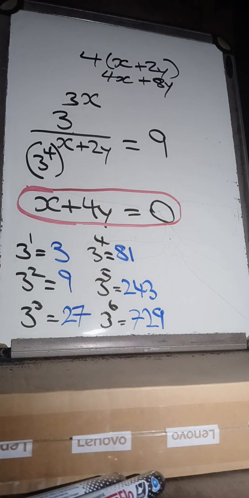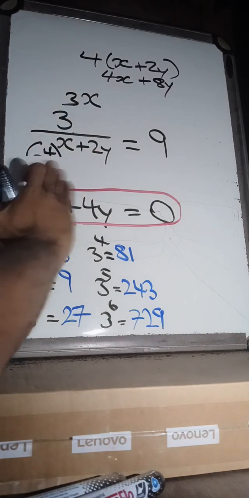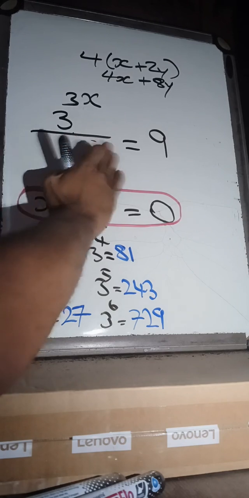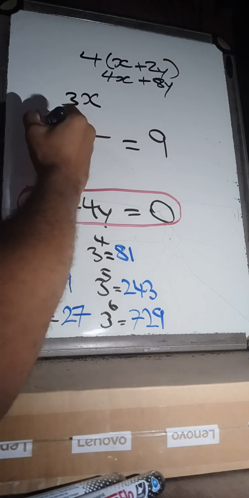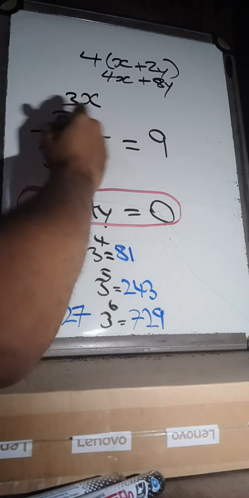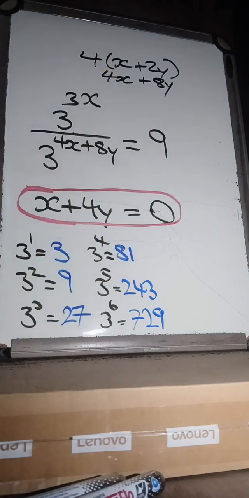I mean, does it make sense for me to do that? Yeah, it probably does. All right, we'll do that. So we will have this, and we'll call it 3 to the 4x plus 8y, right? 3 to the 4x plus 8y.